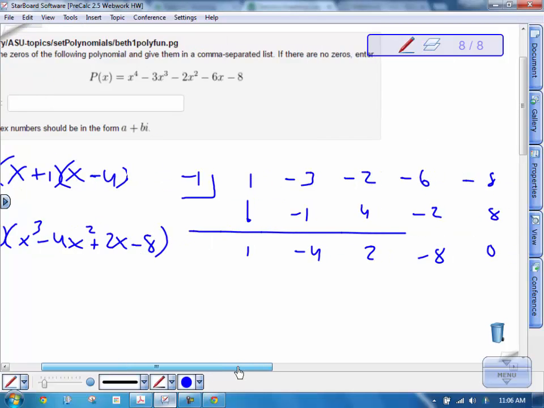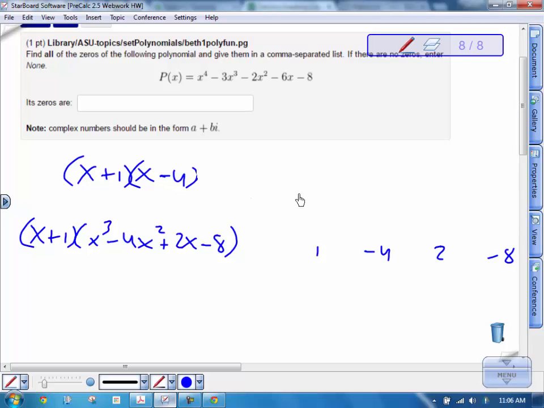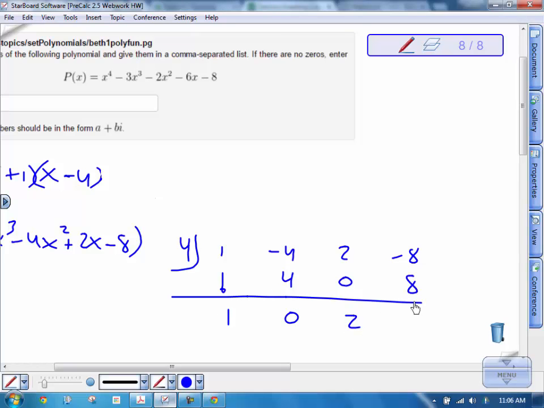And I know that inside this cubic is x minus 4, right? So I'm going to divide x minus 4 into it. So I'm going to put 4 here now and divide it into this polynomial. Drop the 1, multiply by 4, add, you get 0, multiply by 4, you get 0, add, you get 2, multiply, and you get 8, so there's no remainder, which is good.